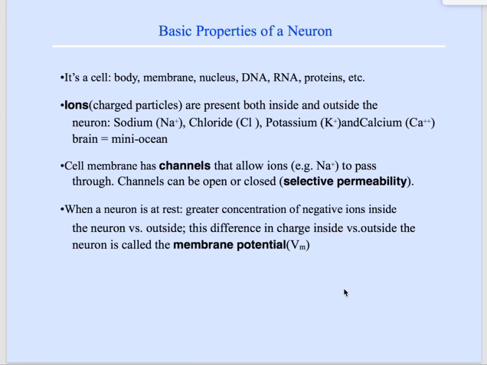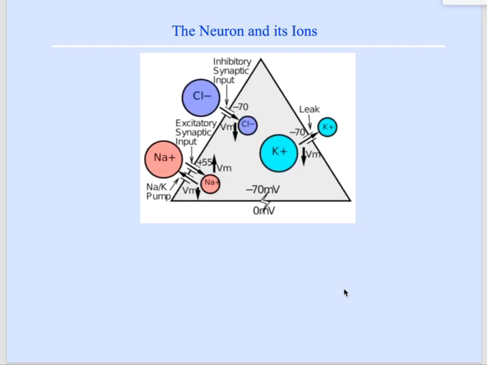And this membrane potential is really critical in understanding the role of the neuron and the ability of the neuron to basically serve as a detector that can send signals. So here's sort of an abstract diagram of the neuron and its ions.